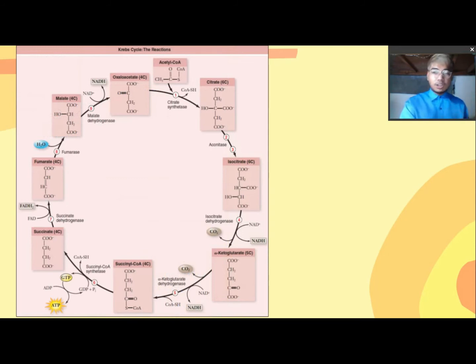If you can still recall, in the Calvin cycle, we utilized ribulose 1,5-bisphosphate or RuBP. Its counterpart in the Krebs cycle is the oxaloacetate.